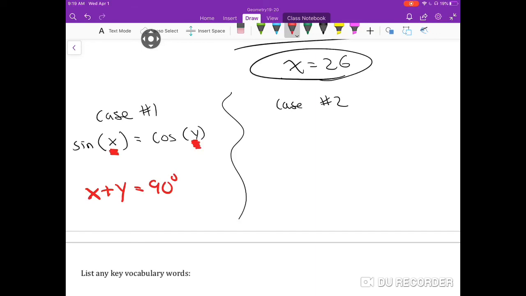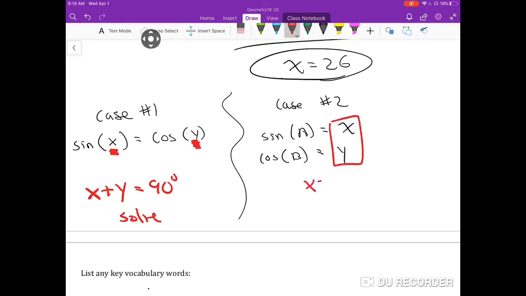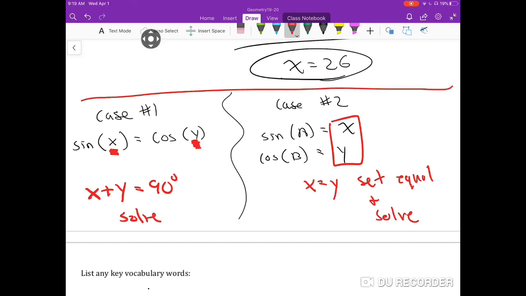That's how you're going to solve. Okay? Now, case number 2 is if you have something like sine of A equals x and cosine of B equals y, then what you're going to do is take these two, set equal, and solve. Okay, those are really the only two ways you can be asked this question.